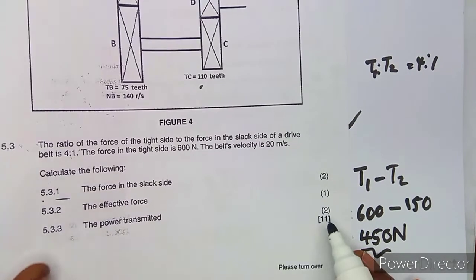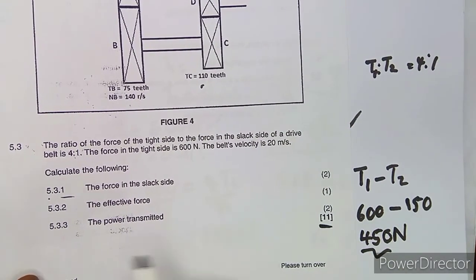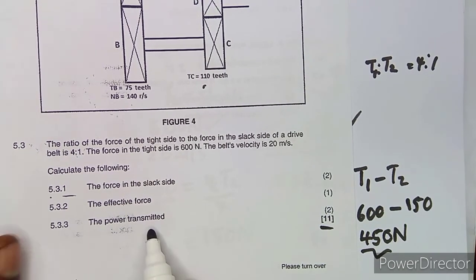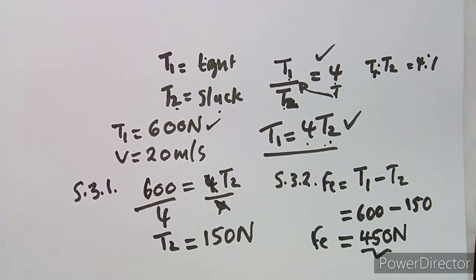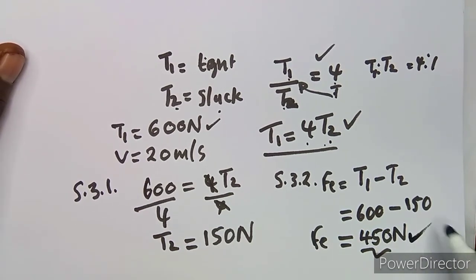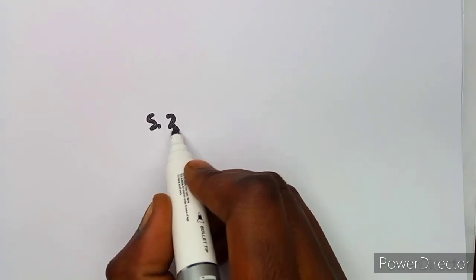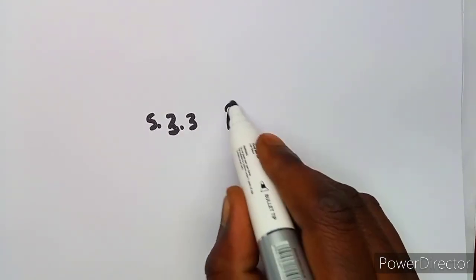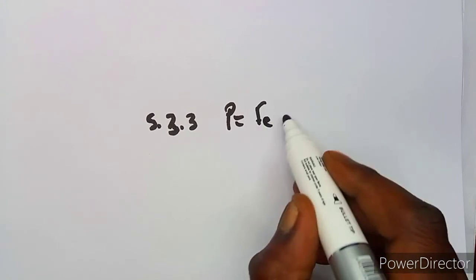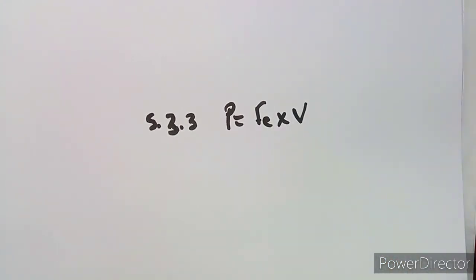Then the last question, to achieve the total of 11, was the power transmitted. Because we have the effective force and we also have the velocity, this one is not going to be much. We know the relationship between the effective force and the velocity: when I multiply these two I'm going to obtain the power.